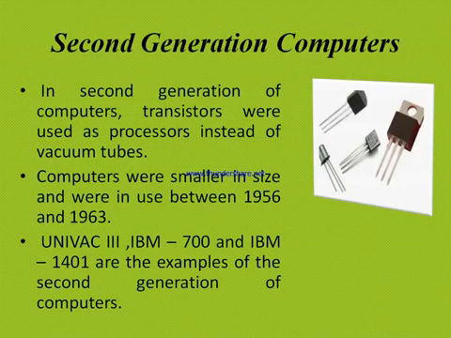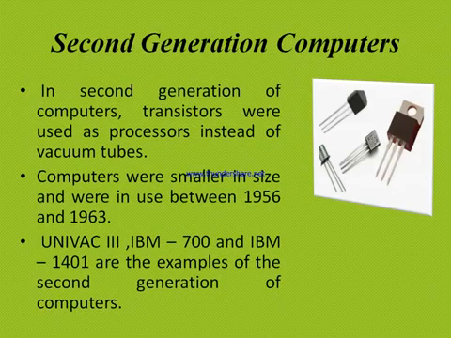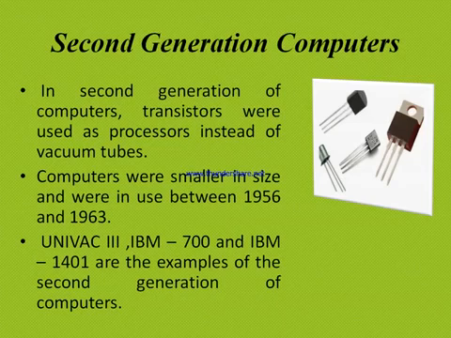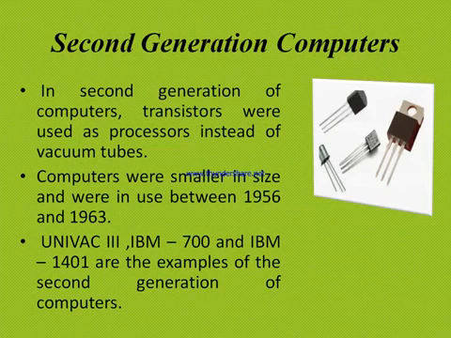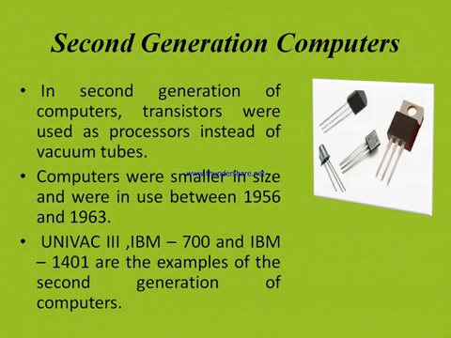Now coming towards the second generation computers. In second generation computers, transistors were used as processors instead of vacuum tubes. You can see transistors in this picture. Computers were smaller in size and were in use between 1956 and 1963.